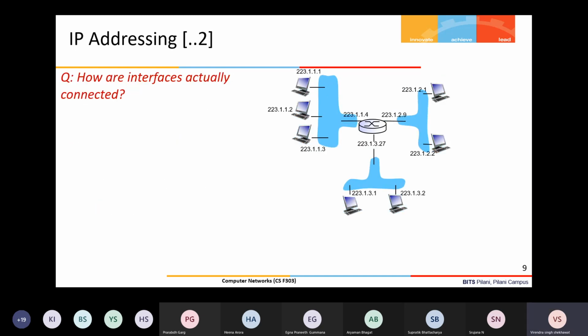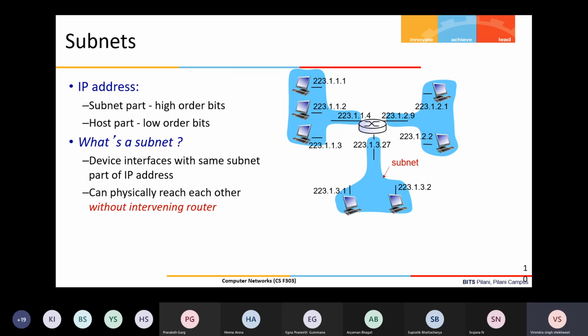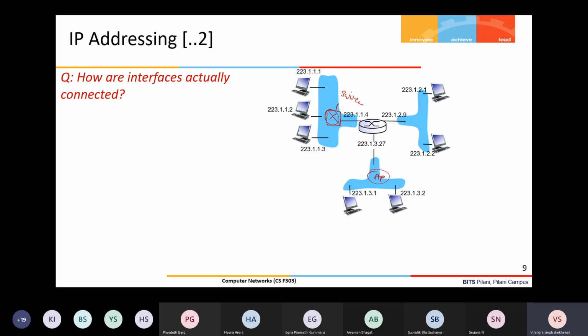Any other layer 2 technology can be used for connecting these. Usually a switch will be shown like this, so this can be a switch, or a wireless access point, through which the interfaces are connected, right?